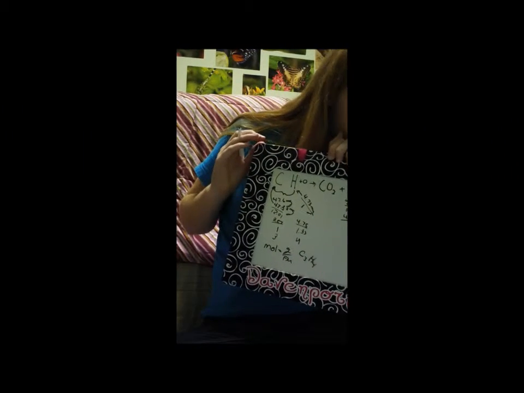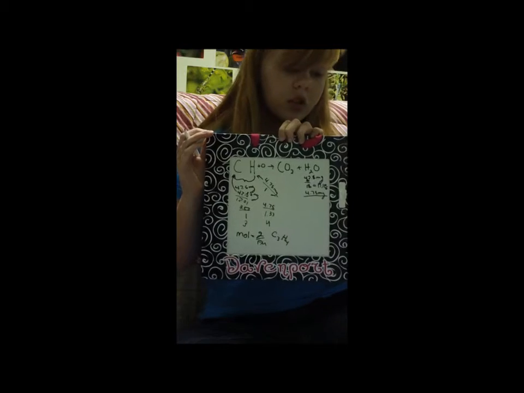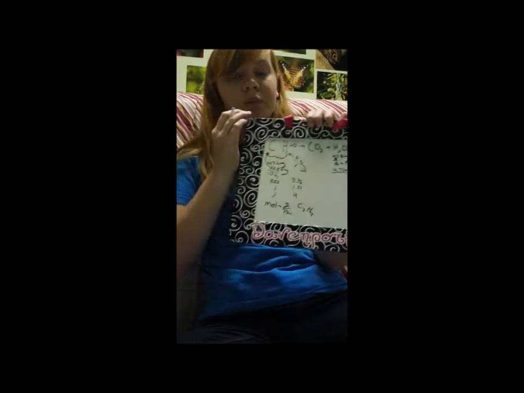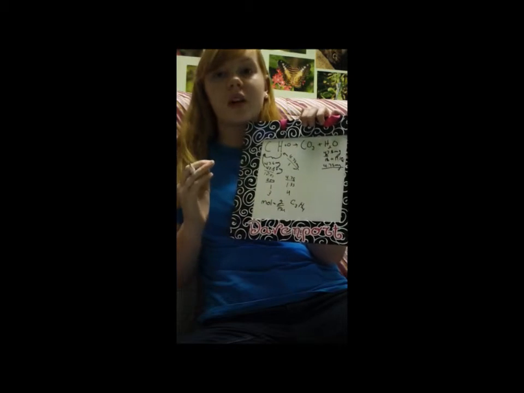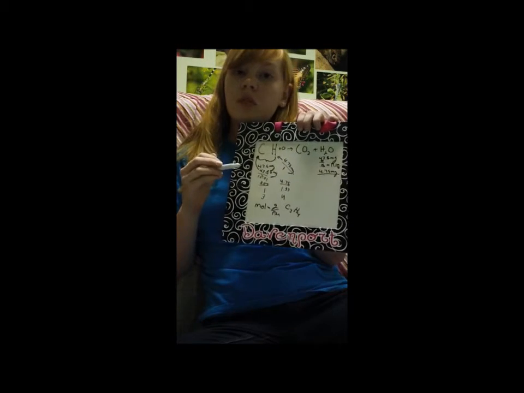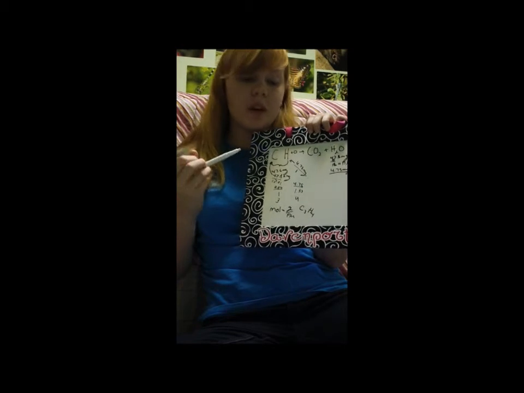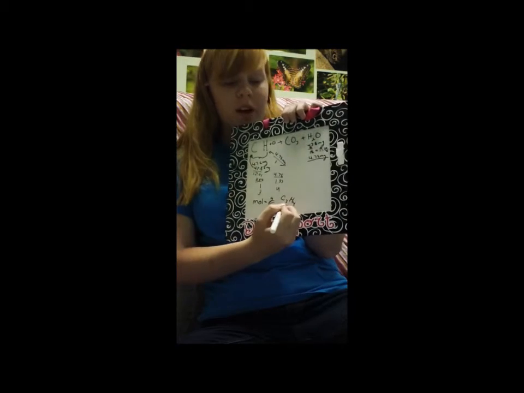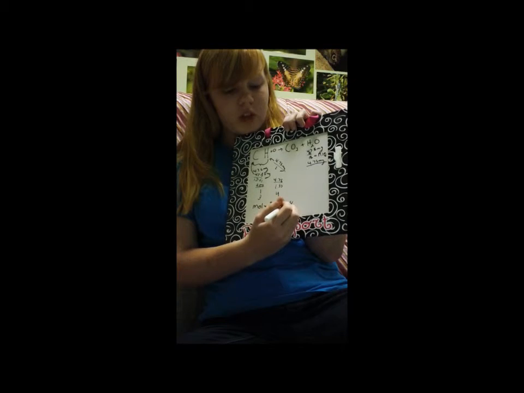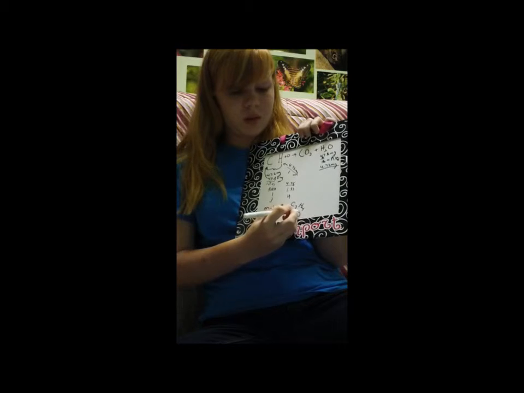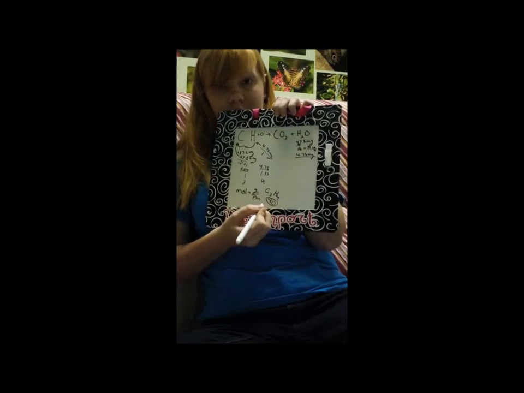However, the other part says that the molar mass of cumin is between 115 and 125 grams per mole. So now we have the empirical formula, now we want to find the molar mass. And you've got to remember that the molar mass is always some ratio of the empirical. So if we find the total formula mass of C3H4, that is 40. So the entire formula mass for that is 40.